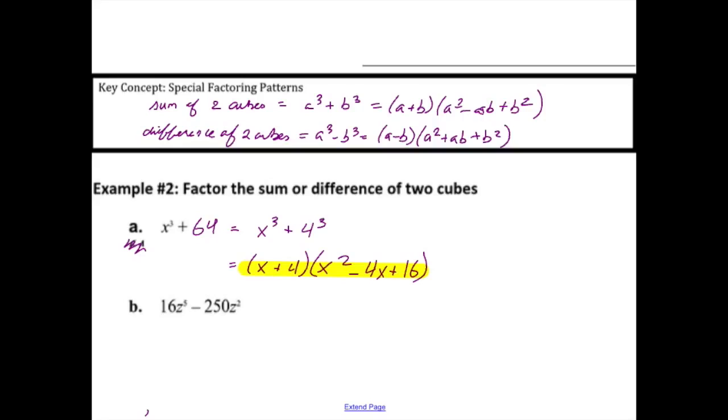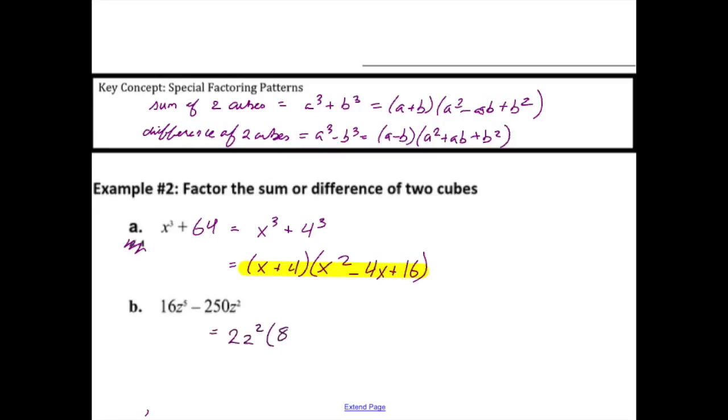So example A says x cubed plus 64. We know for a fact that that's x cubed plus 4 cubed. 4 cubed is the same as 64. So I can use that sum of two cubes pattern to rewrite that as x plus 4 times x squared minus 4x plus 16.